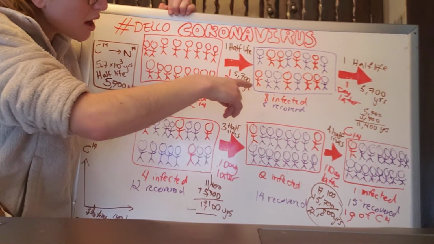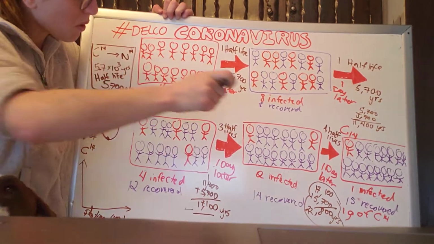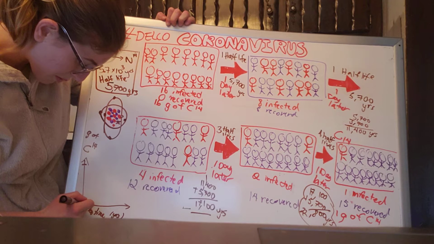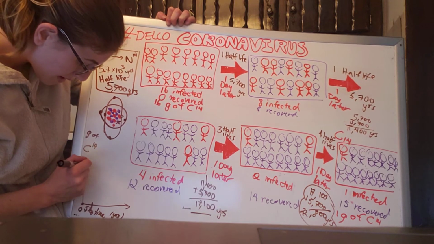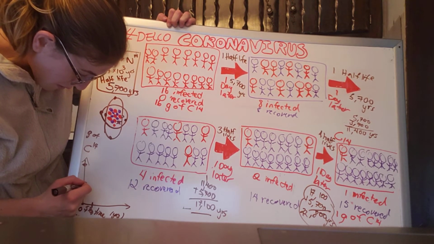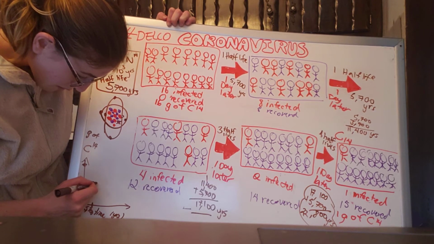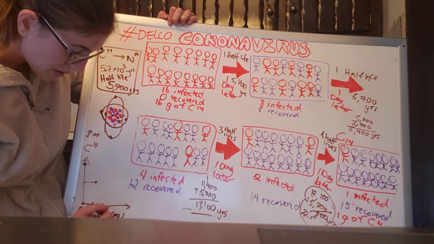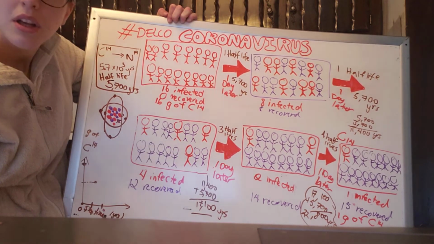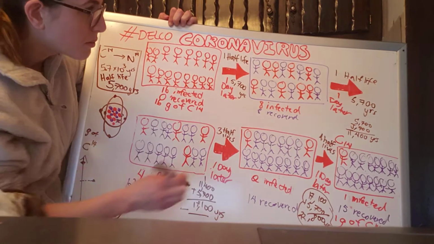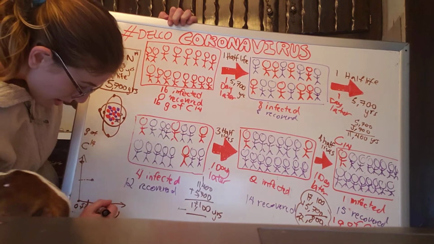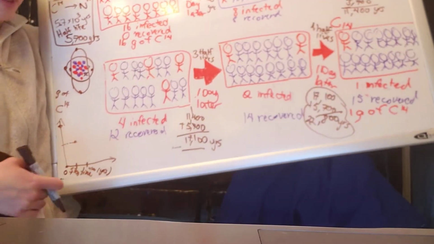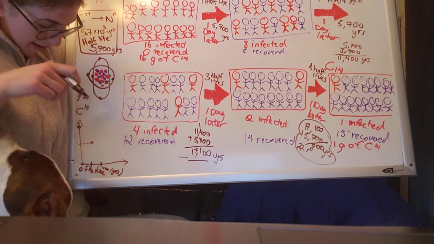We're going to end up with only 8. So I started with 16 at my 0 point. Now I'm going to go to half, which would be right here. After another 5,700 years, so now we're at 11,400, I am going to only have 4.